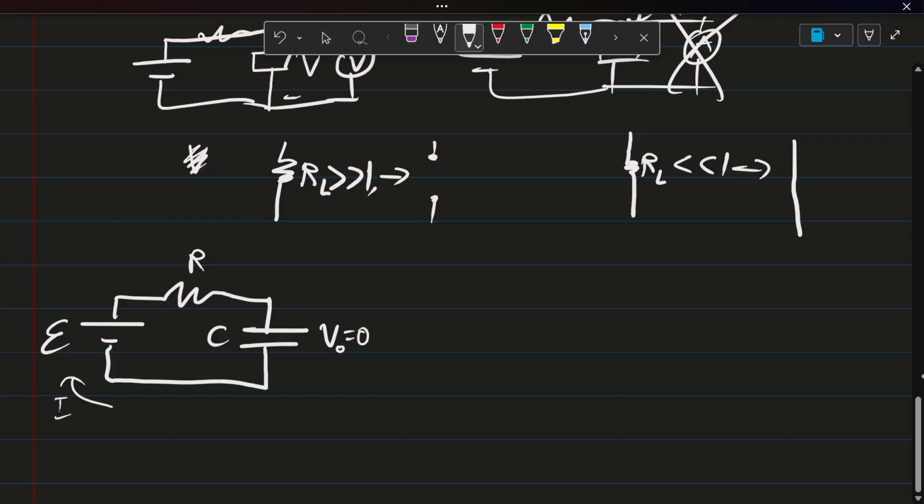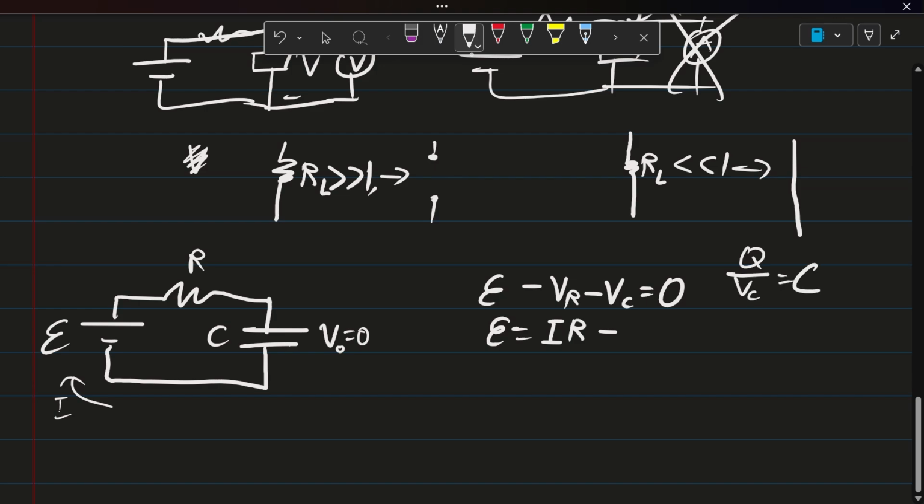We would find that, sticking to the convention, it's E minus the voltage from the resistance minus the voltage from the capacitance, which should equal 0. Now, we can write this V_R as I times R, and V_C is something interesting. We know that Q over V_C should be C. So we could write this as Q over C.